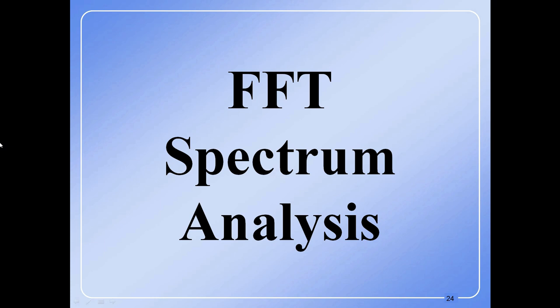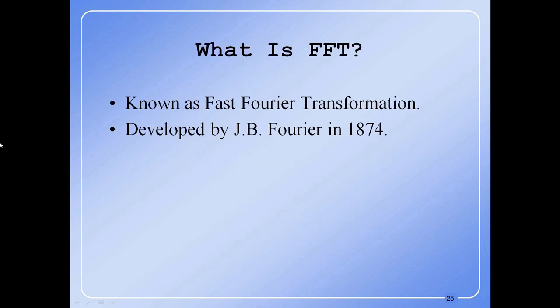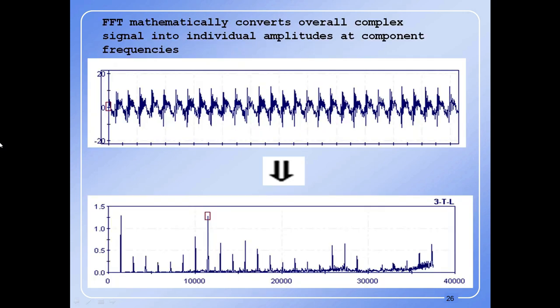FFT spectrum analysis. What is FFT? Known as fast Fourier transformation, developed by J.B. Fourier in 1874. FFT mathematically converts the overall complex signal into individual amplitudes at component frequencies.